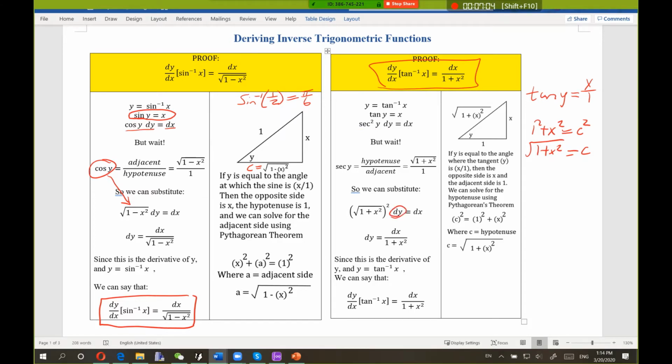If I want to solve for dy, I can divide both sides by root 1 plus x squared, squared. The squared and the square root cancel, which leaves me with just 1 plus x squared. So my derivative of y is dx over 1 plus x squared. Therefore, the derivative of arctangent x is dx over 1 plus x squared.